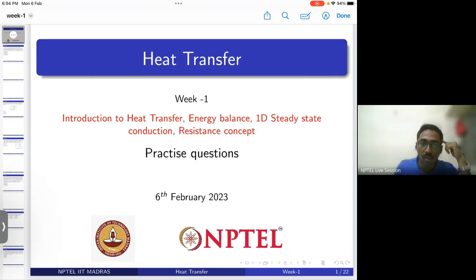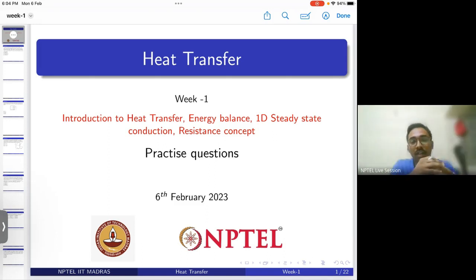In week one we had a brief introduction to heat transfer, where the different modes of heat transfer were discussed, like conduction, convection, and radiation. We started with the conduction mode of heat transfer, and some basic concepts were covered.